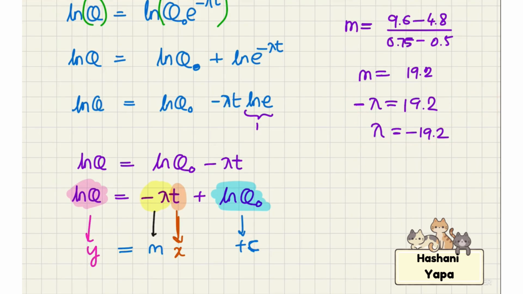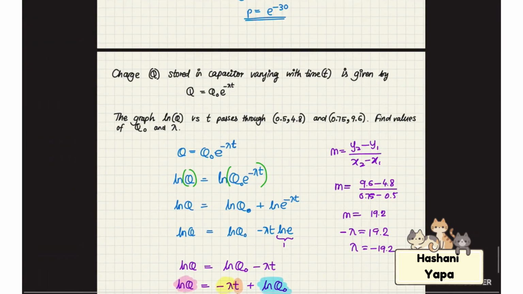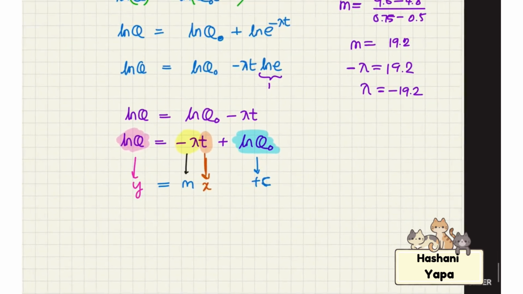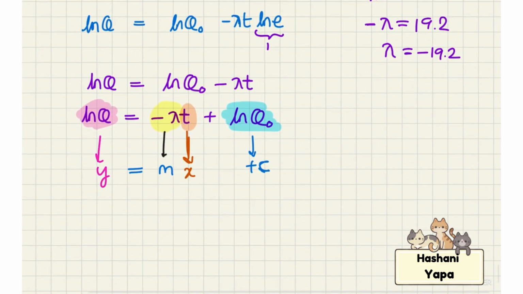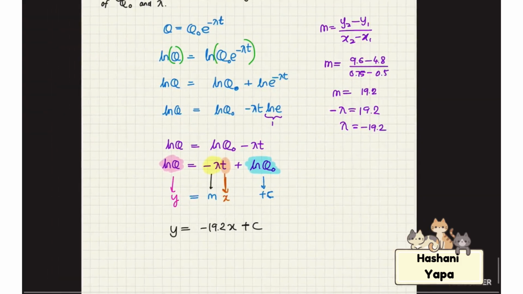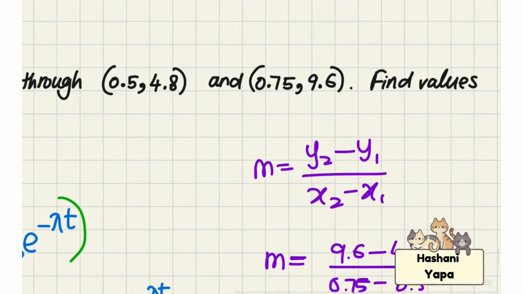Now you have lambda. They say find q naught and lambda. We found lambda, we need q naught. What can we do? We know that y equals minus 19.2 x plus c. Just pick one coordinate from here. Let's pick this.